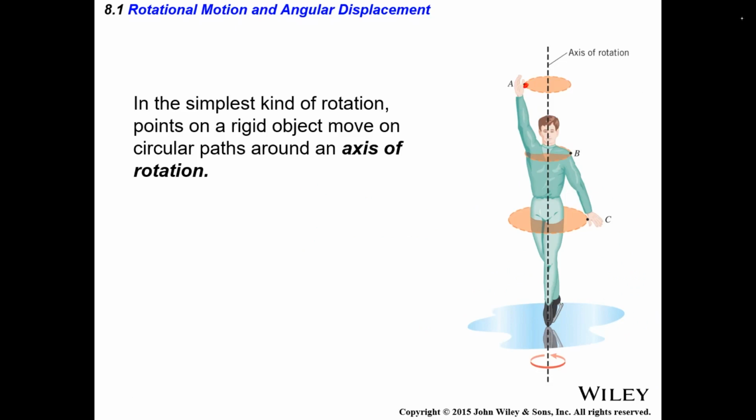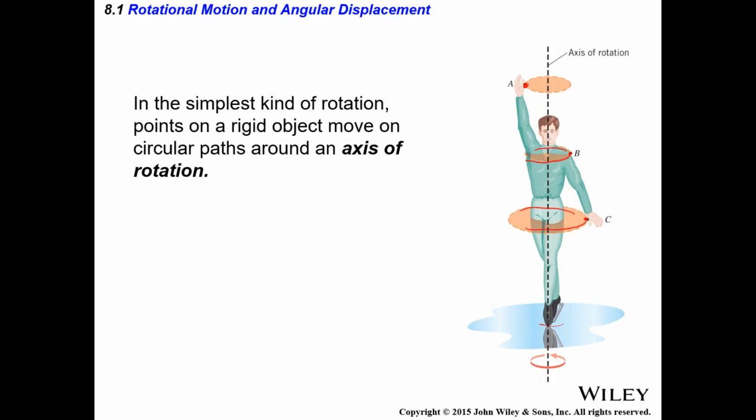We, of course, can have different motions, different rotations around different axes. So this person here is rotating around this line deliberately. We can have rotations along different axes other than this one. But in all cases, what we have is different points are moving in a circular path.